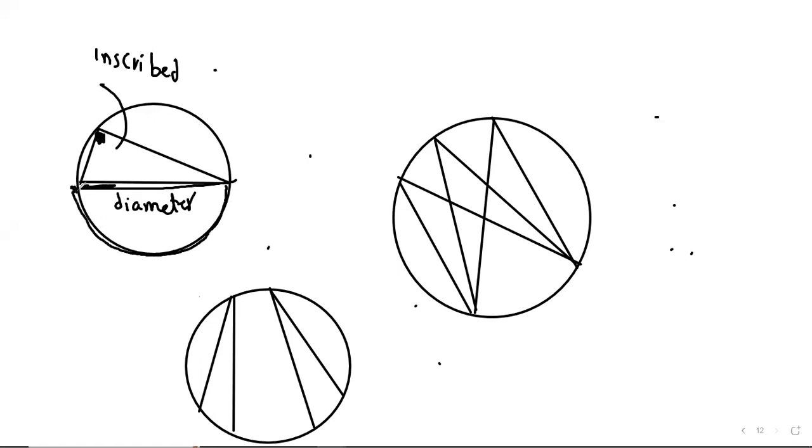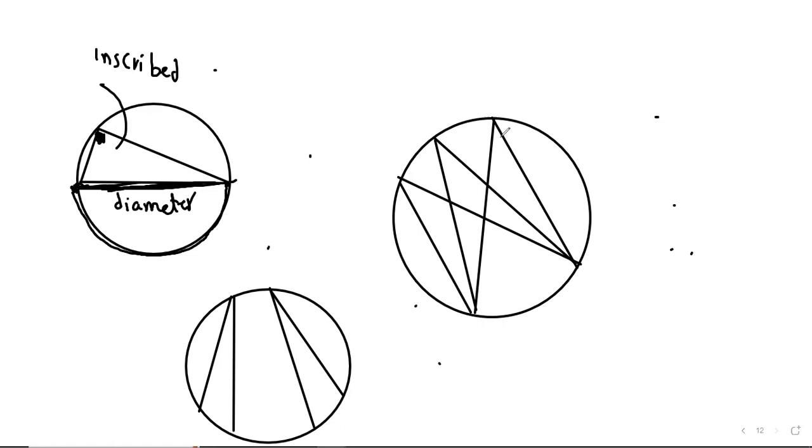So if you found an inscribed angle and you joined the two endpoints of the two sides of this angle, you will get a diameter. So here the opposite side to this angle is a diameter, so this angle directly is right. The inscribed angle which is drawn in a semicircle is a right angle.